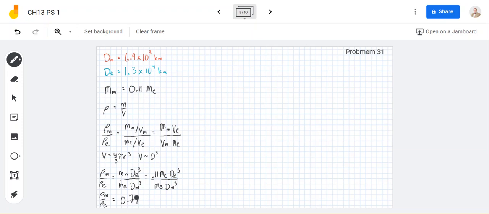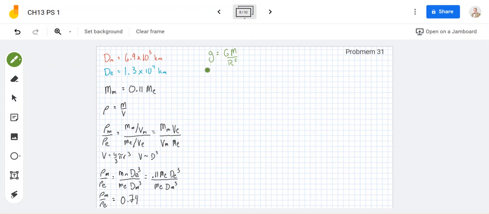All right, the rest of problem 31 says, what is the value of the gravitational acceleration on Mars? So we've seen this before. We know the gravitational acceleration is equal to GM divided by r squared, where this could be used on any planet. So for Mars, it would be the mass of Mars, and this would be the radius of Mars.